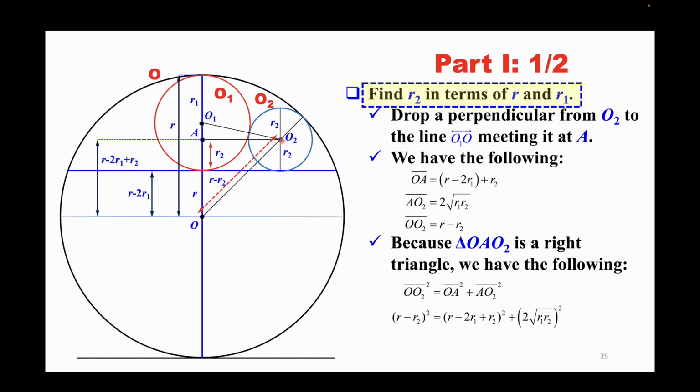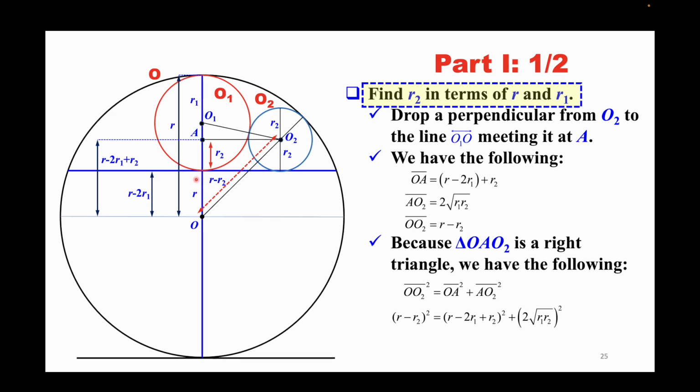So suppose we drop a perpendicular from O2 to line O1, meeting the line at point A. So the distance from O to A would be the distance going from O to the midpoint of the chord plus the distance here, which is this. And here we have R minus the diameter, that is 2R1.